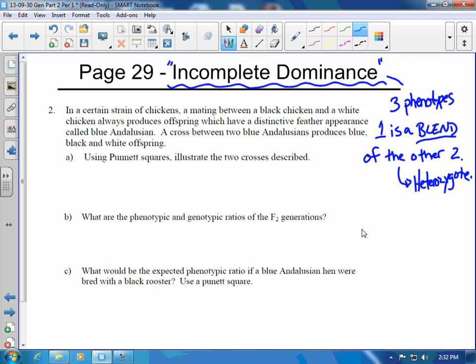All right, so when we look at this question, in a certain strain of chickens, a mating between a black chicken and a white chicken always produces offspring which have a distinctive feather appearance called a blue. Wait a minute, blue. I've got black, I've got white, and I've got blue.